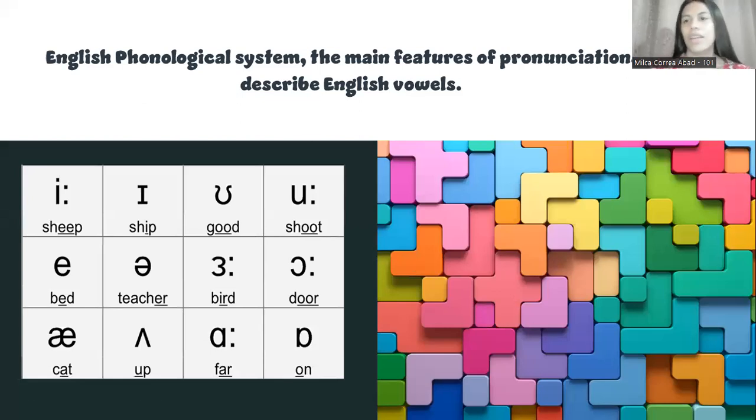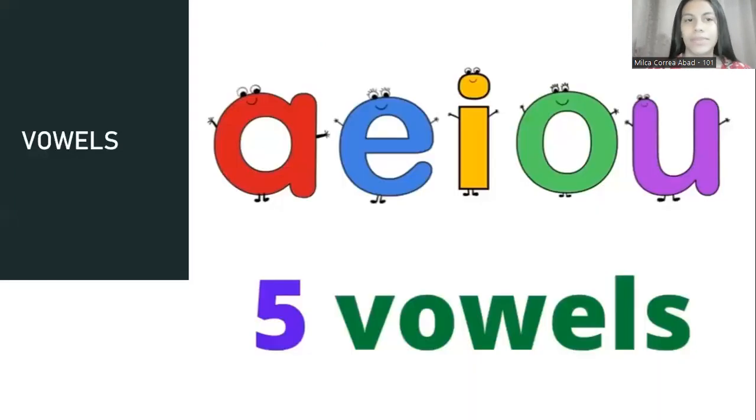So we're going to be seeing the English phonological system, the main features of pronunciation to describe English vowels. Here we have some examples, but maybe at the beginning we're not going to understand what this means. With the following slides, we are going to understand by the end of this presentation what those examples mean.